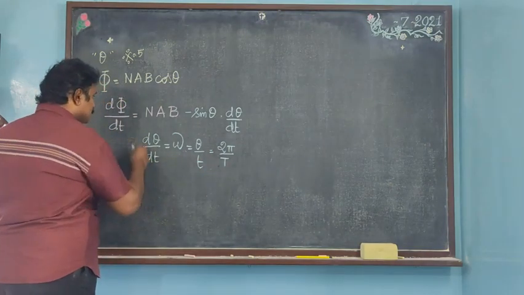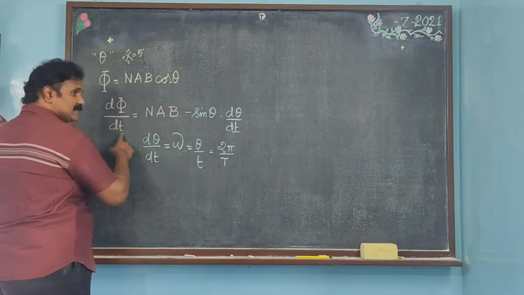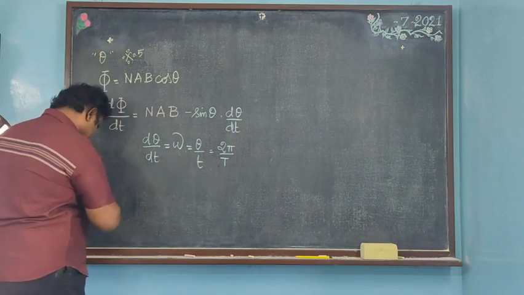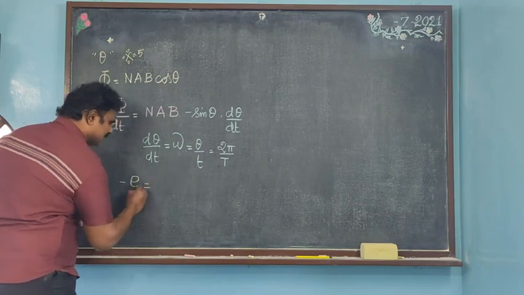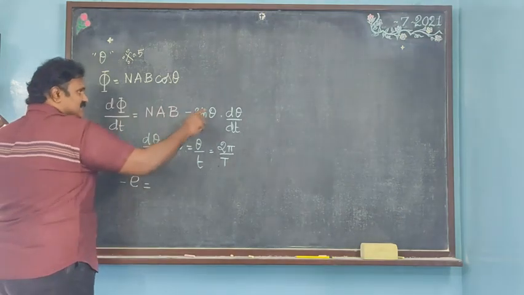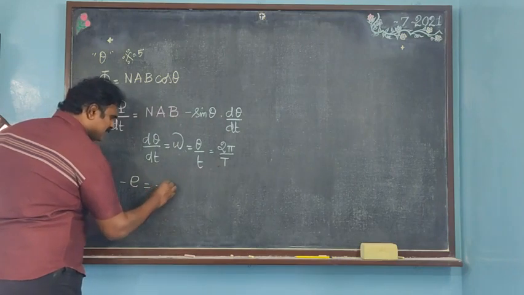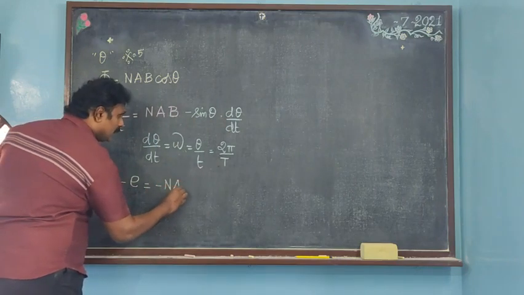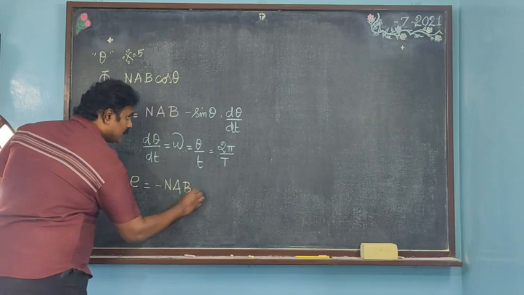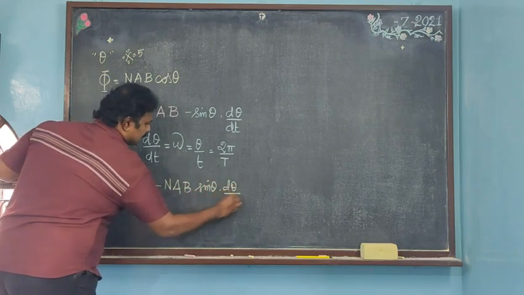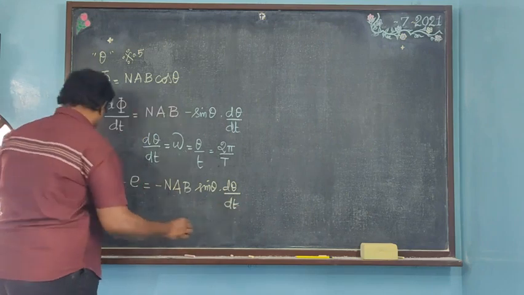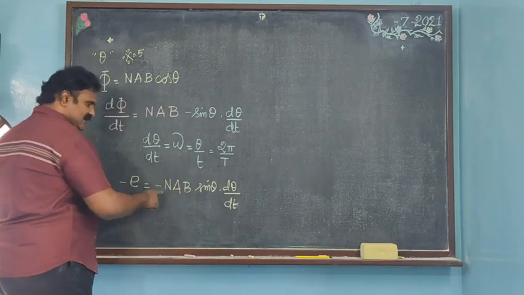Now I know the change in magnetic flux with respect to time leads to an induced EMF, minus E. I can take this equation as minus of N A B sin theta into d theta by dt. I go for the further explanation.